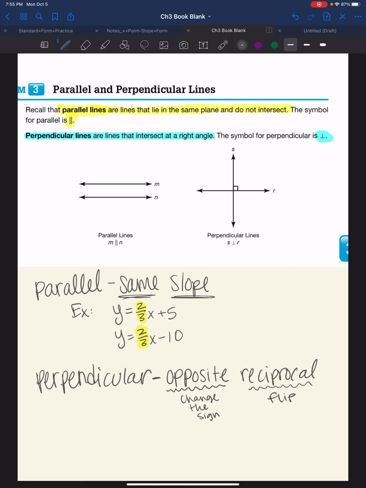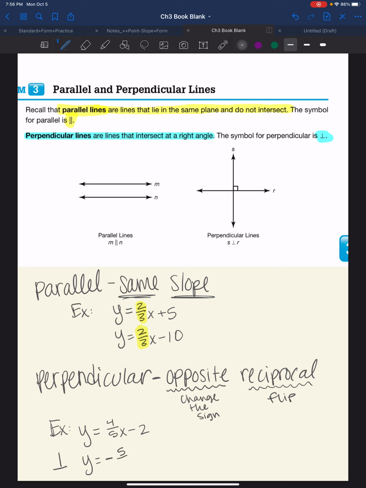So for example, if I had y equals 4/5 x minus 2, and I wanted to make a perpendicular function, I would take that slope 4/5 and I would change the sign so it goes from positive to negative, and then I flip the fraction over.